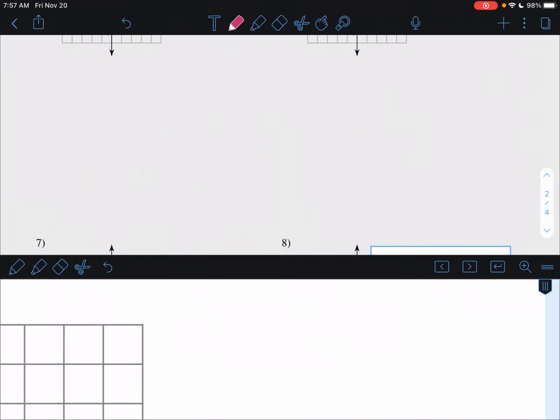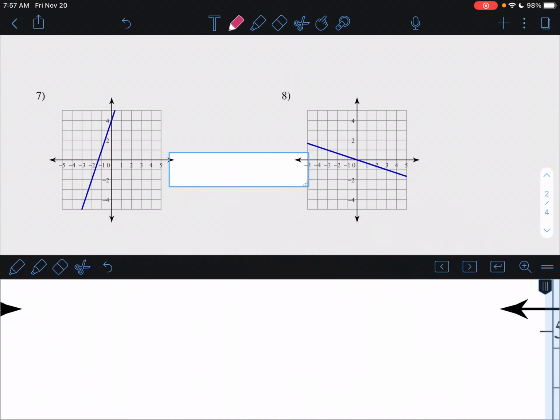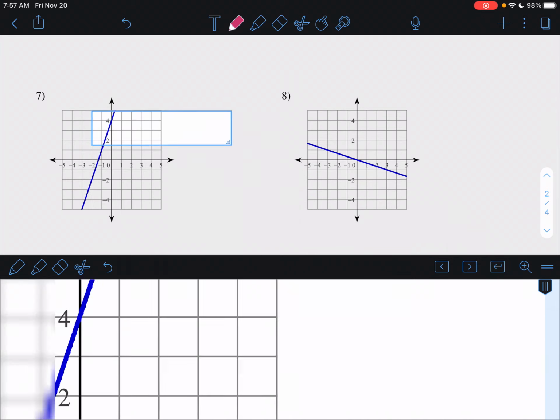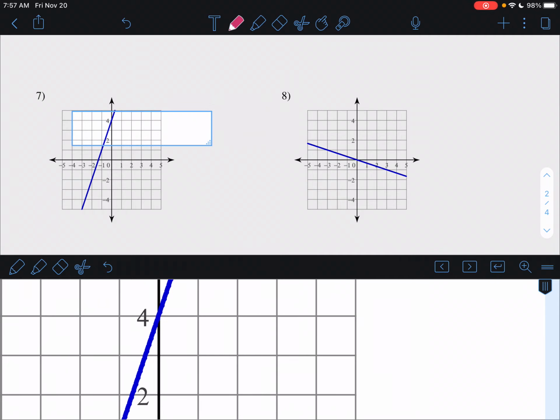And I'll do these last two examples together as well. All right, number 7 here. Let's see. I know it's going to be in the form y equals mx plus b. And I'm going to identify my y-intercept, which is 4 on this problem.